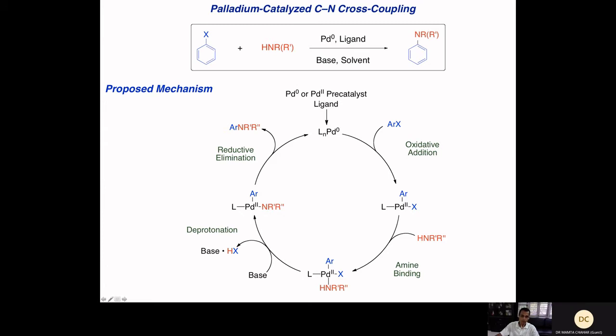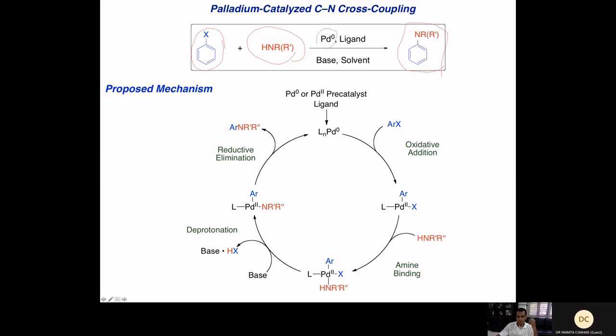So for instance, you have an aryl halide as the coupling partner and amine as the second coupling partner. So these are the two different coupling partners. One is aryl halide, chloride, bromide, another is the amine. The higher analog of amine one can generate, right?